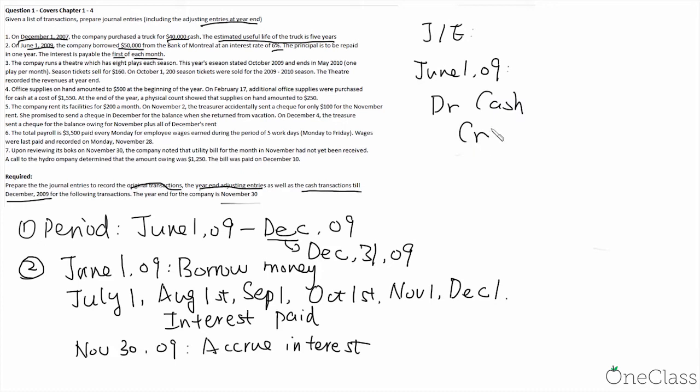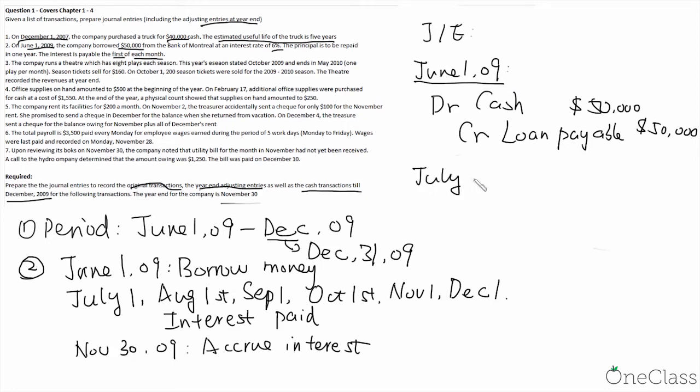And we have a loan payable. So we have a liability of $50,000. So this is our first journal entry when we borrow the money.